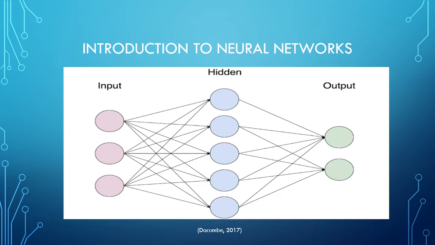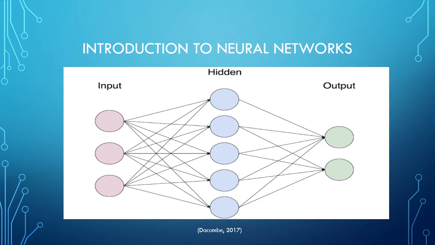For intrusion detection, some sort of network data will be used as input data, and this will be transferred into the hidden layer or hidden layers, where there will be some sort of computation that will produce the output. This output will be whether or not there's an intrusion on a network, or even what type of intrusion is occurring on a network.